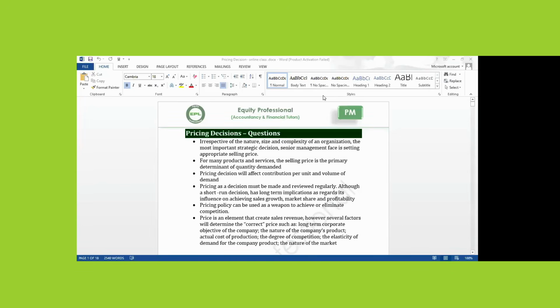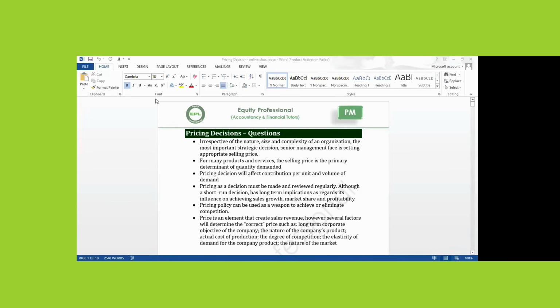These factors include: 1, long-term corporate objective of the organization. What is the corporate objective of the organization? Some companies are established for profit-making purposes, while some organizations are established not for profit-making.